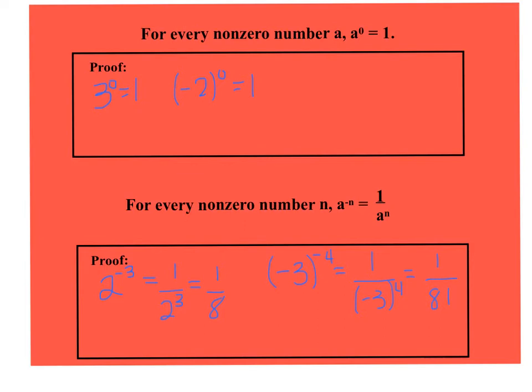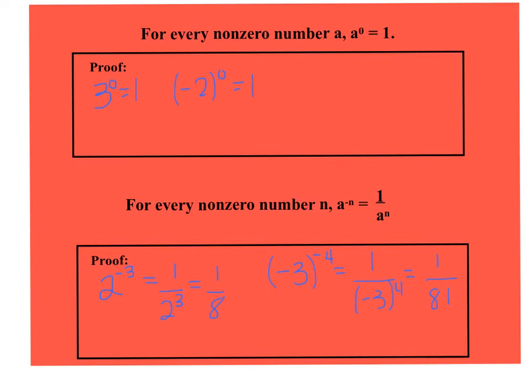And then another example is negative 3, all to the negative fourth power. To make this negative exponent a positive, just rewrite that negative 3, that's your base, in the denominator now, and it becomes 1 over negative 3 to the fourth power. Notice I brought the parentheses along with it.